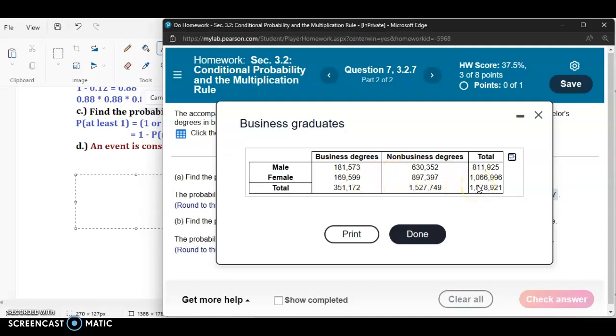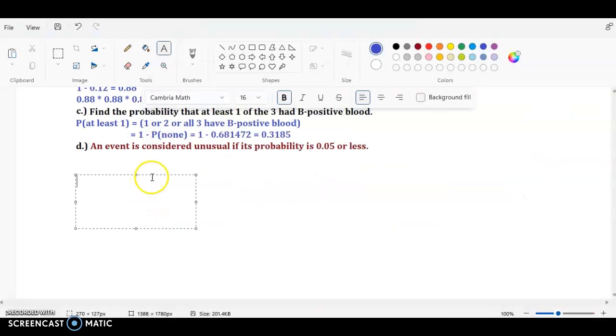So you look where the business degree intersects with female in the table. Both those events intersect at this number in the table, 169,599.